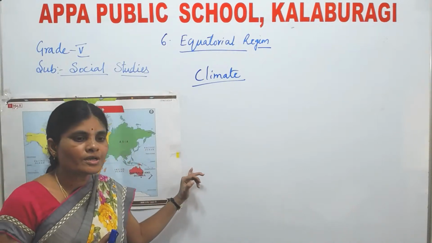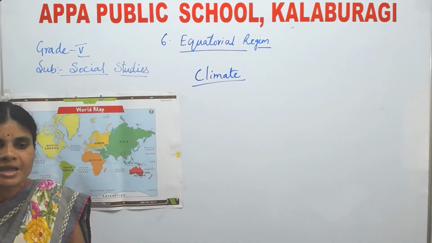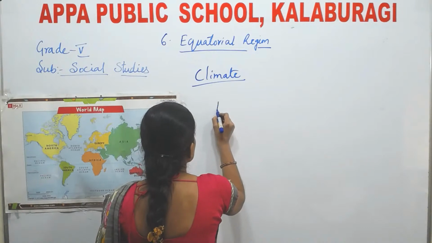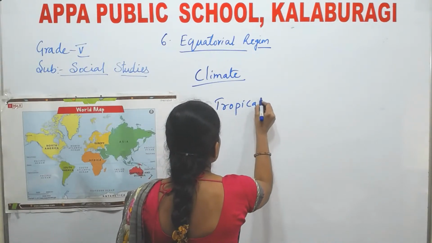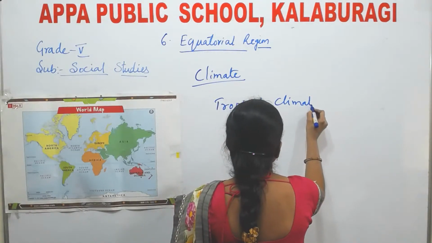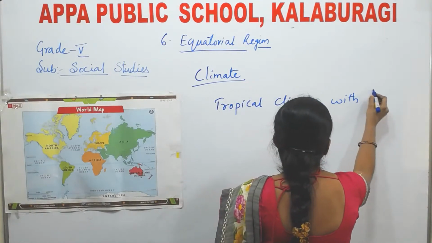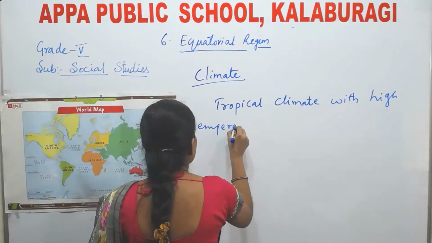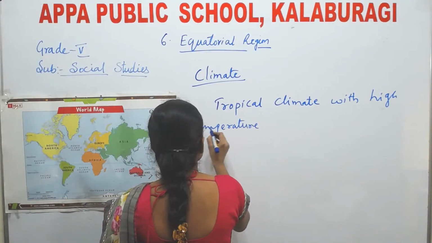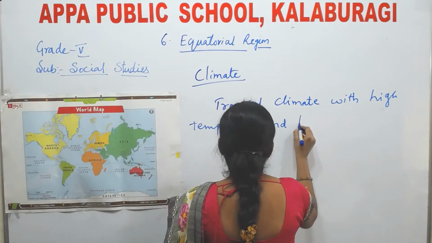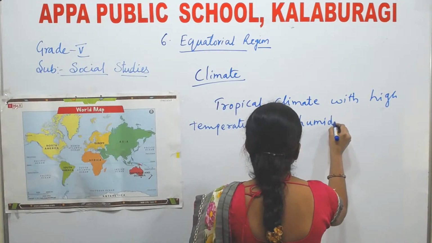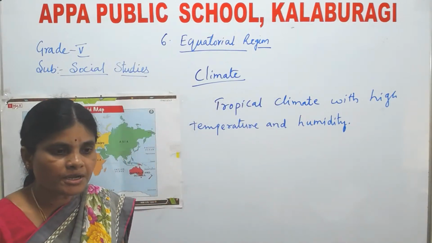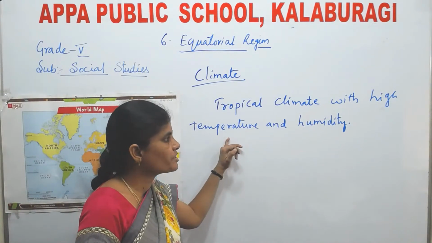The equatorial region experiences a tropical climate with high temperature and humidity. High temperature and humidity. Already I told you in the previous lesson about temperature and humidity.